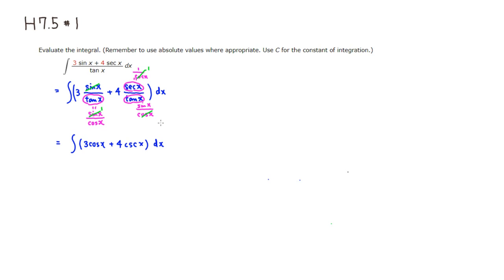Then we can find the antiderivative. The antiderivative of 3 cosine is 3 sine of x, plus 4 times the natural log of the antiderivative of cosecant of x, which I believe is cotangent of x minus cosecant of x, plus c.